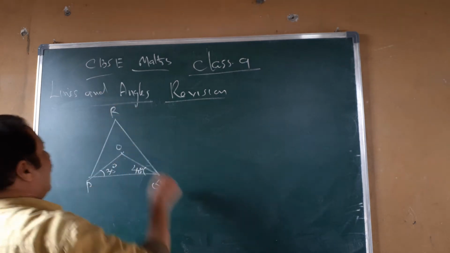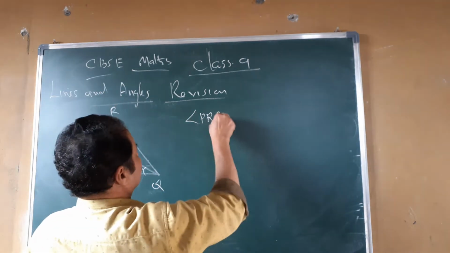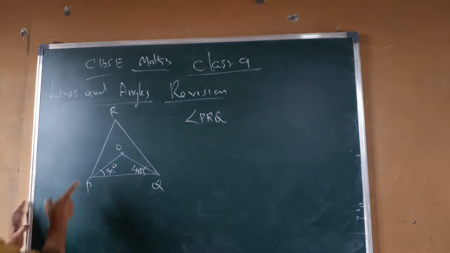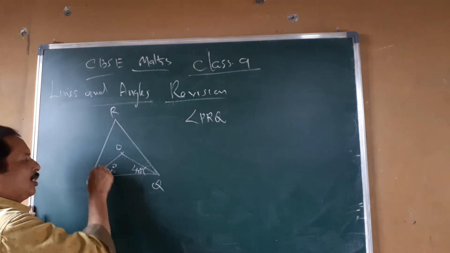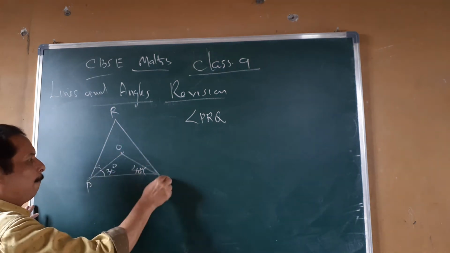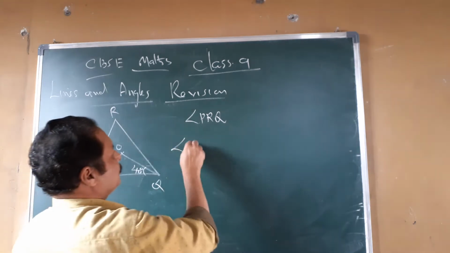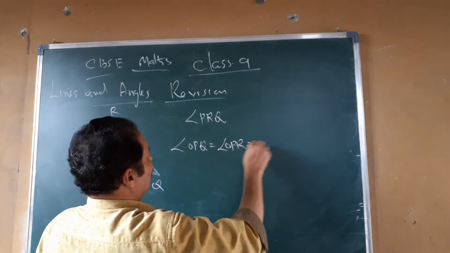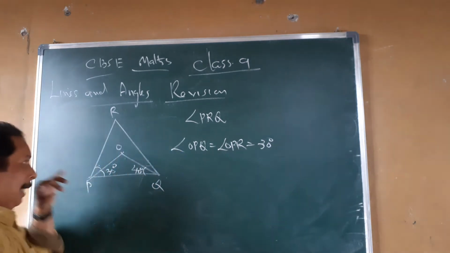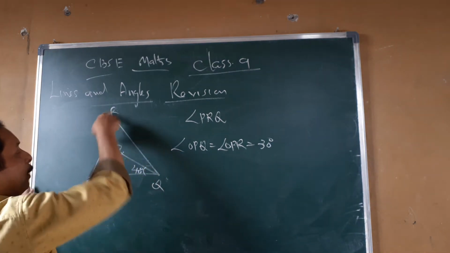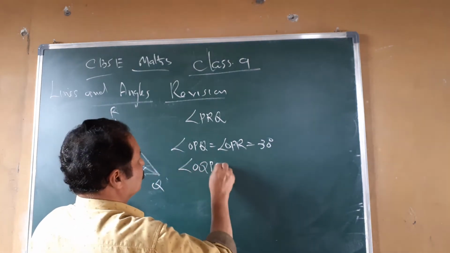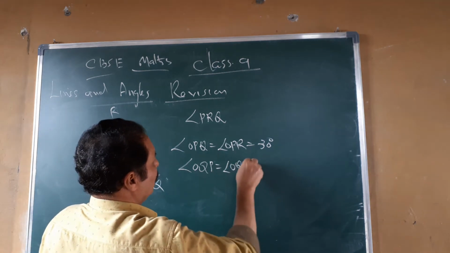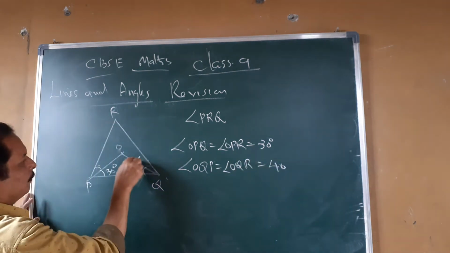We want to find angle PRQ. Angle bisectors means these two angles are equal. So OPQ equal to OPR, both of them are 30. Similarly, angle OQP and OQR, both of them are 40.